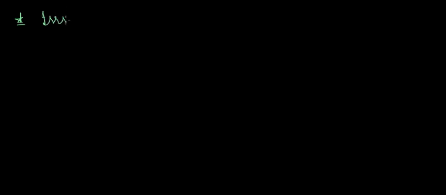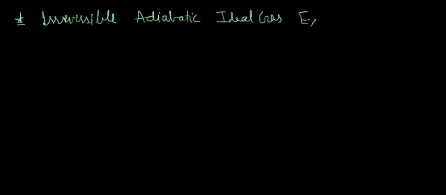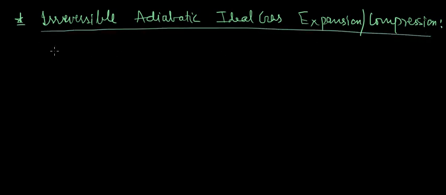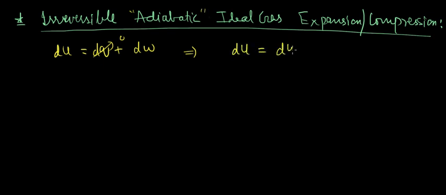So we know that dU is equal to dQ plus dW. dQ is 0 in an adiabatic process, so we can write that dU would be equal to dW, or delta U would be equal to W, that is, change in internal energy would be equal to work done.